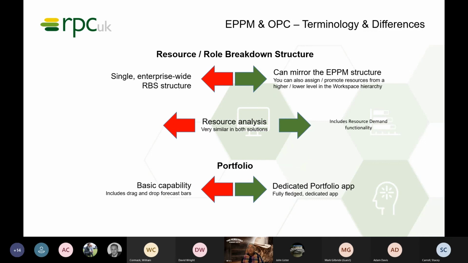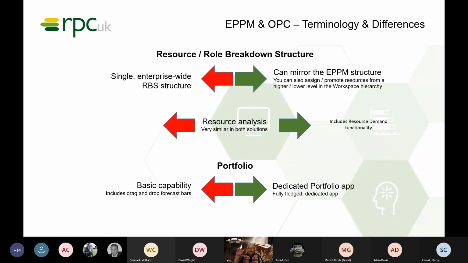In terms of resource and role breakdown, it's very similar. You can see an enterprise-wide RBS structure, and you can also have an enterprise-wide RBS structure in OPC. But you can also create roles at a lower level within the EPS structure, and you can promote those roles and resources into a higher level if you wish.